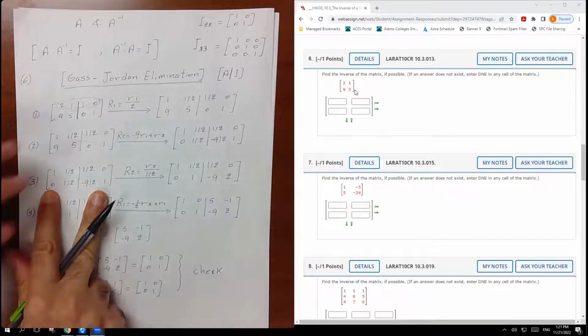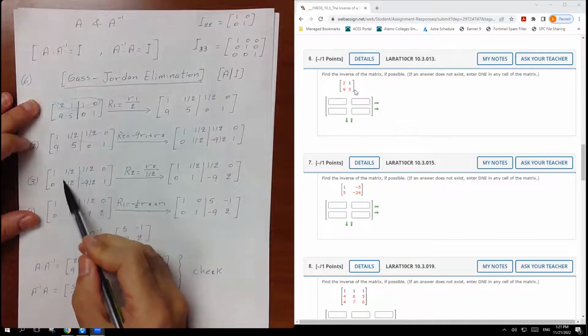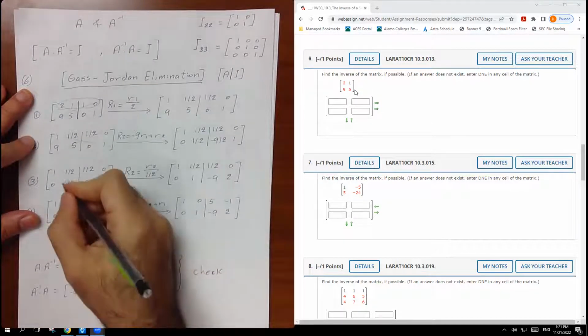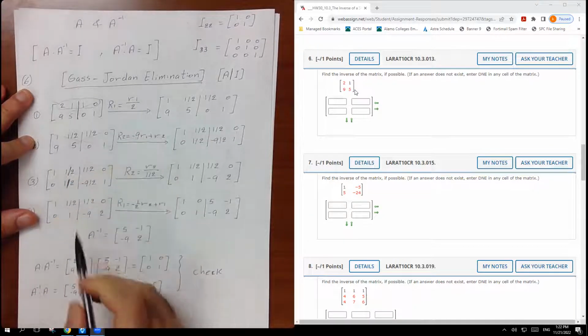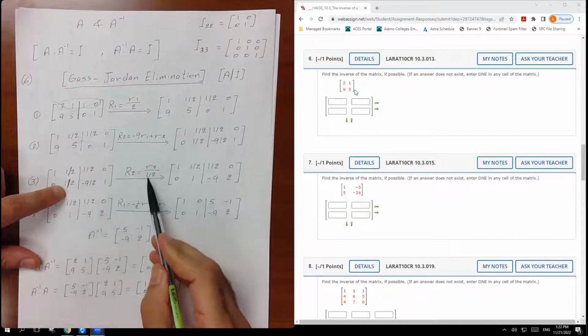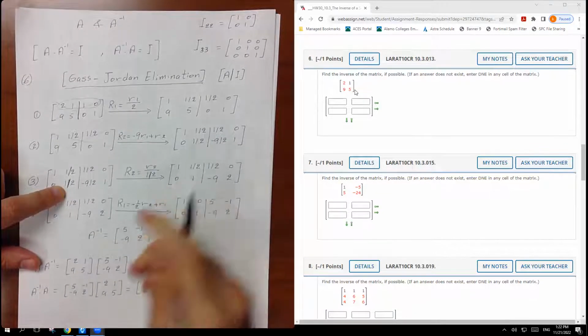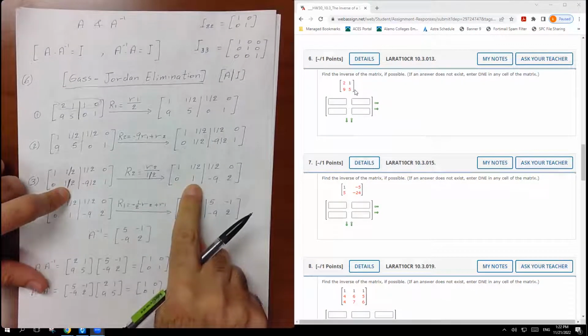The next step, step 3, is to convert the element at this location to 1. This is 1 over 2. If I need to convert this one to 1, I'm going to divide by half. 0 divided by half is going to be 0. Half divided by half is going to be 1.